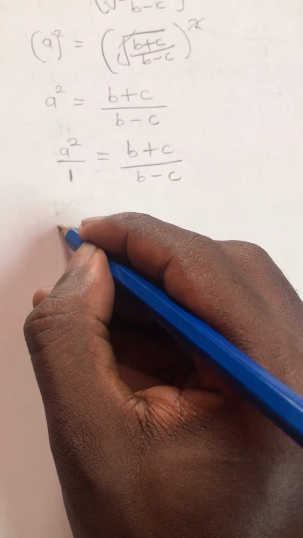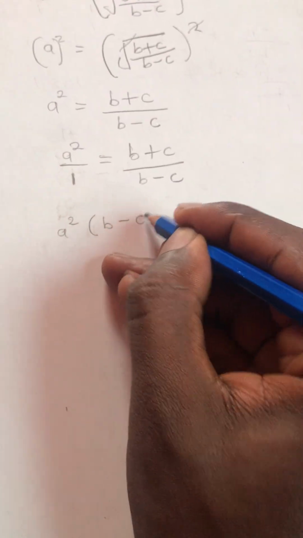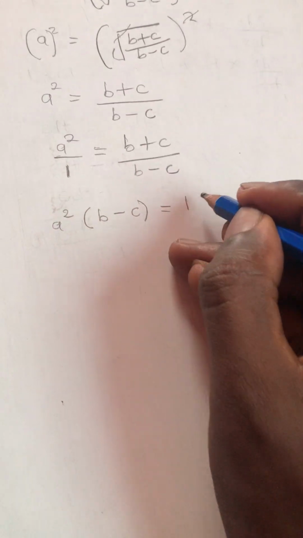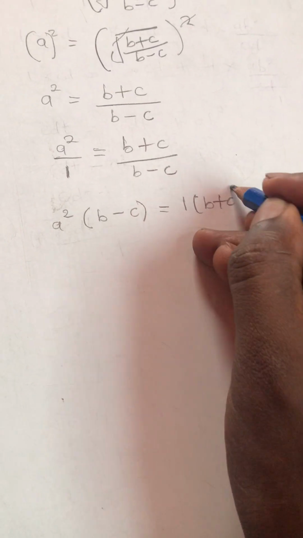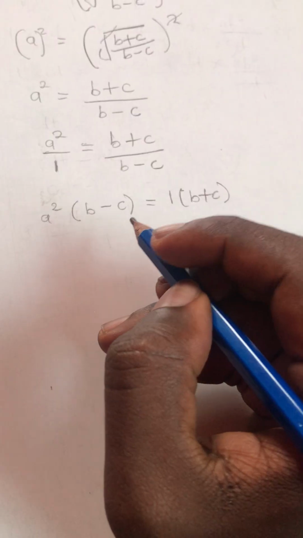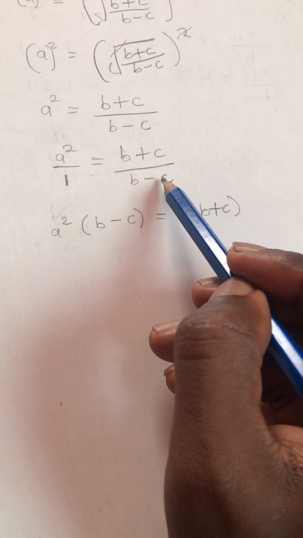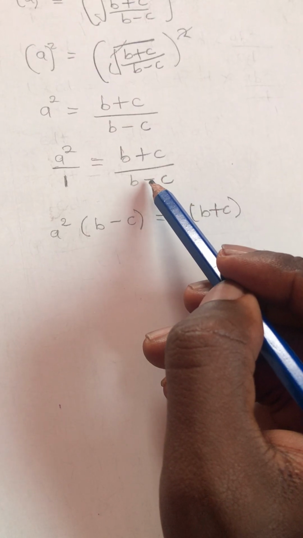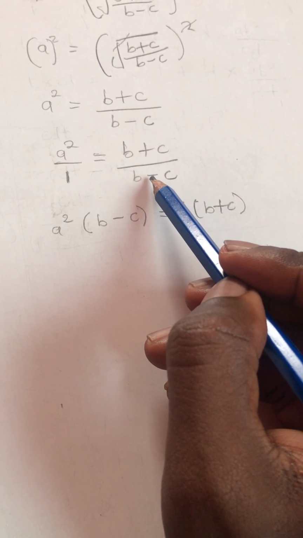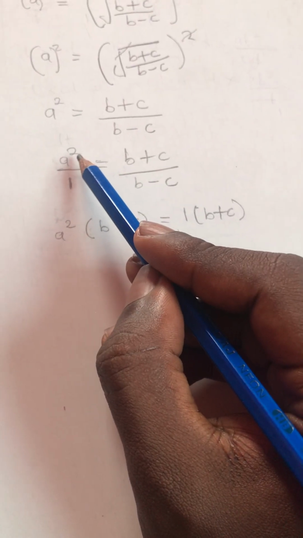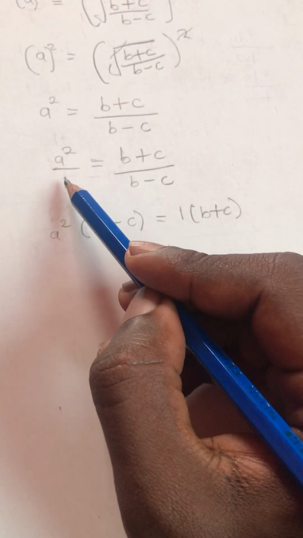So a squared multiplying b minus c will give us 1 multiplying b plus c. In doing your cross multiplication, the denominator at the right hand side of the equation would multiply the numerator on the left hand side of the equation.